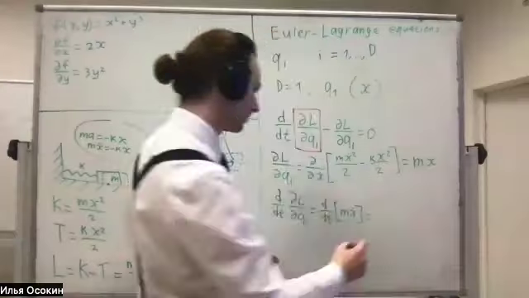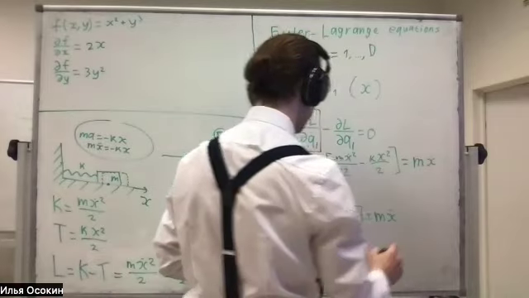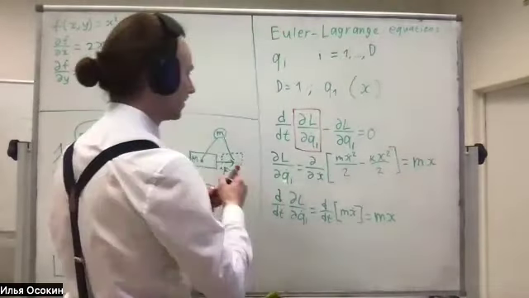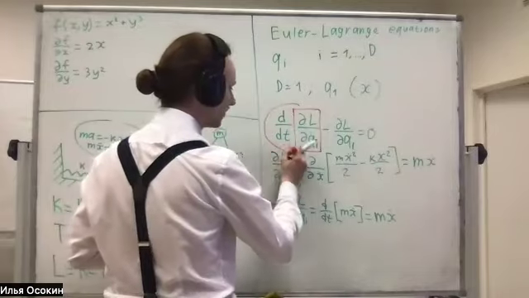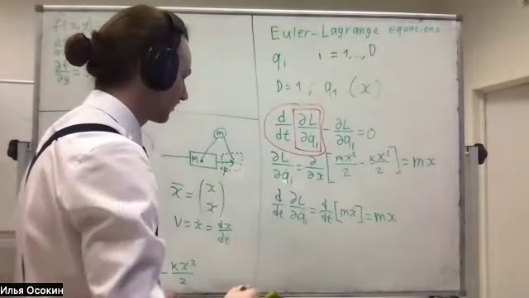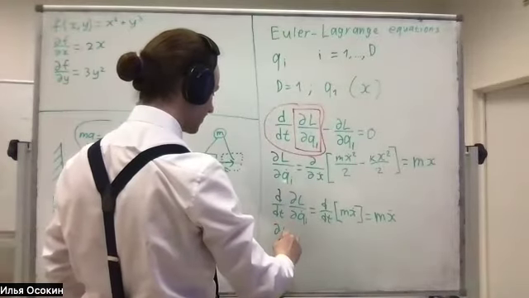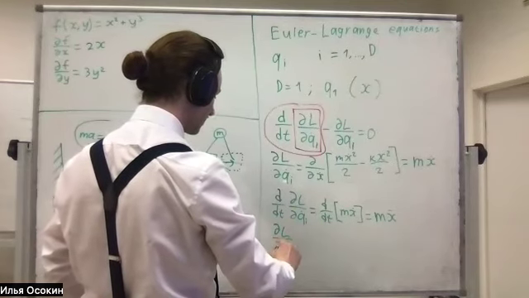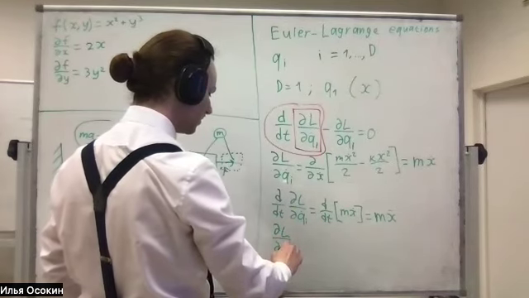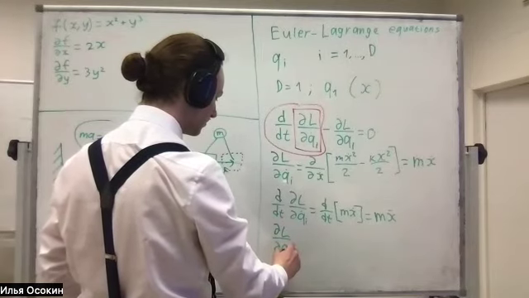Okay, this makes a lot more sense. And this is mx double dot. Exactly. Mx double dot. So now we've got the first term covered completely. Let us do the same for the second term. So partial Lagrangian, partial q sub i without dots, just the coordinate.